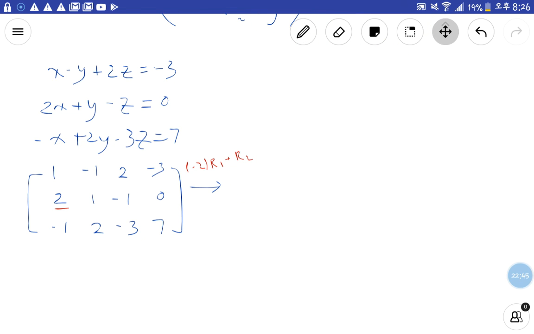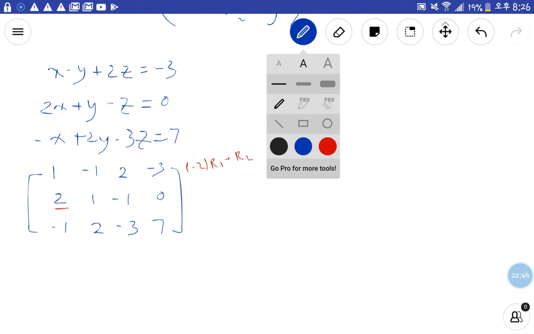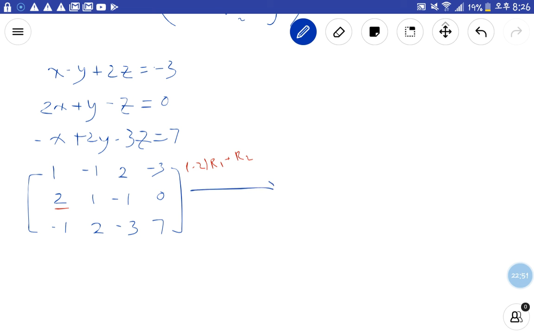So I'm going to show you how I usually do this. I'm going to use my space above this bracket to put my answer of negative 2 times R1 on top of here. So 1 times negative 2 is negative 2, positive 2, negative 4, and negative 6.